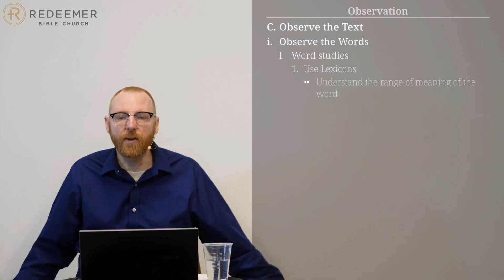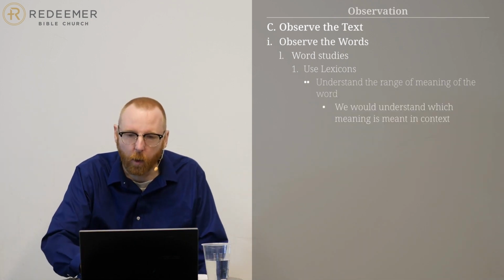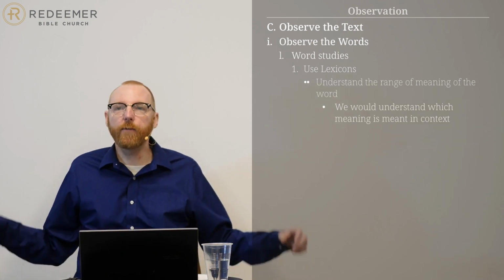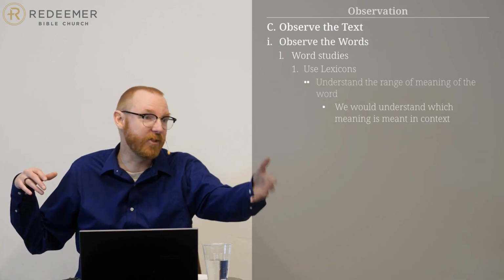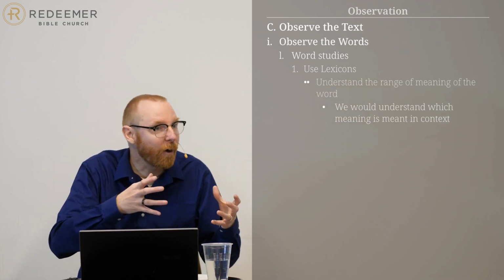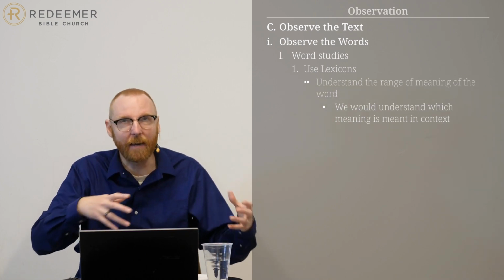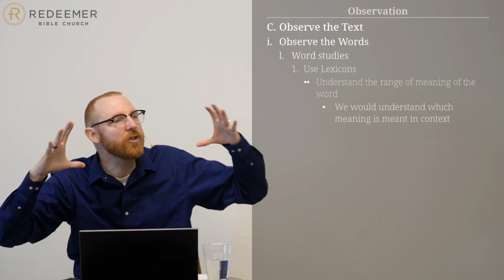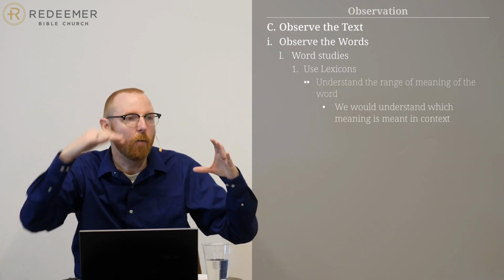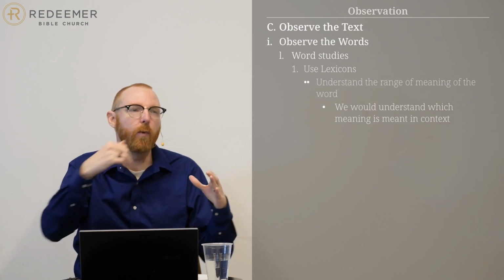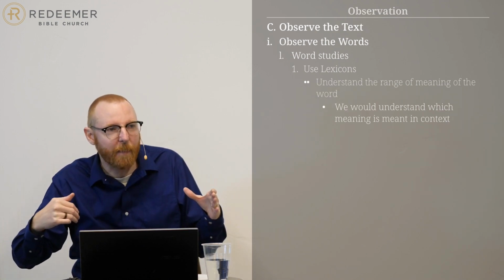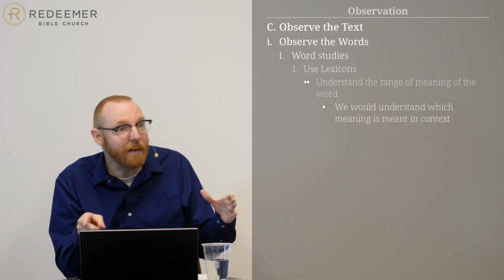So we already said this: understand the range of meaning of the word. And I don't mean just in general, but if you're studying James, you want to look up that word temptation, peirasmos, in Greek. What's the range of what this word can mean? What are all the different definitions? Which one is used here? Is he using the same definition all throughout this passage, or two different definitions?